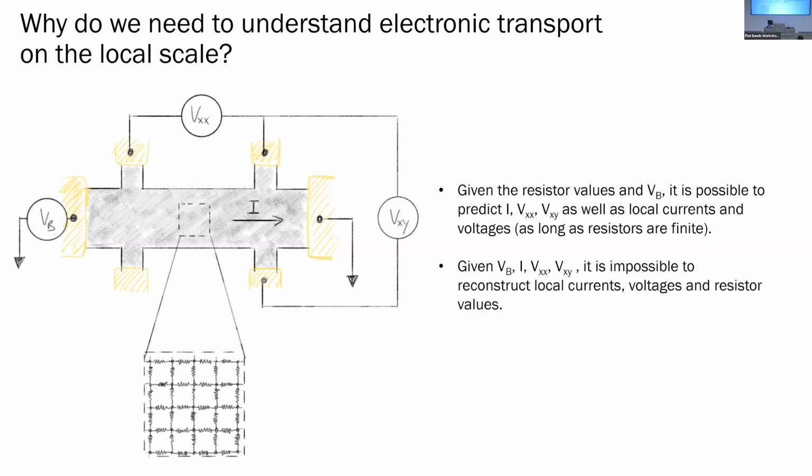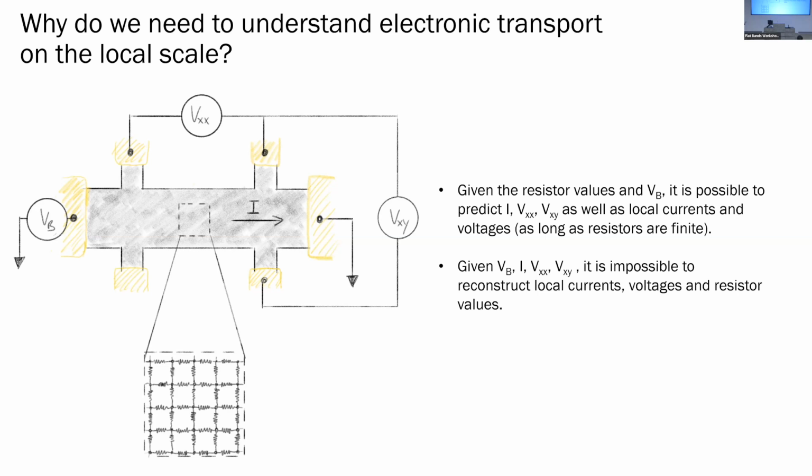However, if you do the inverse, and that's what you do when you do a transport measurement, well, you might know what bias voltage you applied, you might know which current was flowing, and you get these two values here, but it is absolutely impossible to then say how the local currents and the local voltages actually look. The only way you can do it is by making pretty strong assumptions about what this underlying resistor network actually looks like.